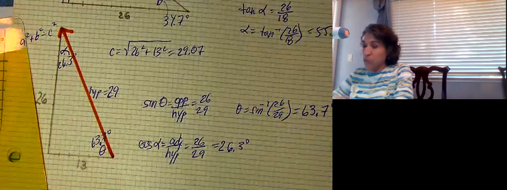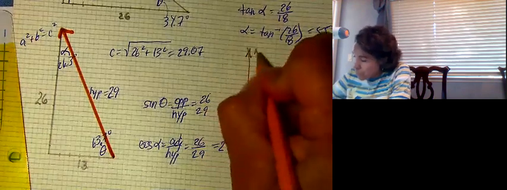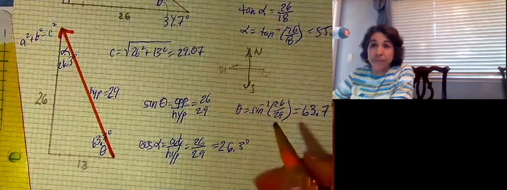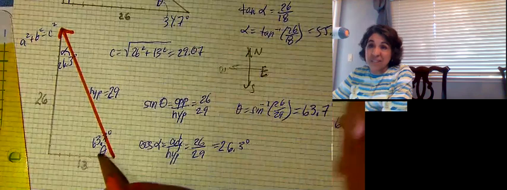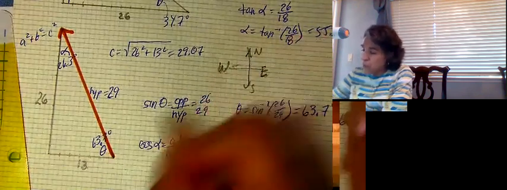You see that? North of west? North is up, south is down, west, east. So this is northwest, isn't it? It's over here in this quadrant.